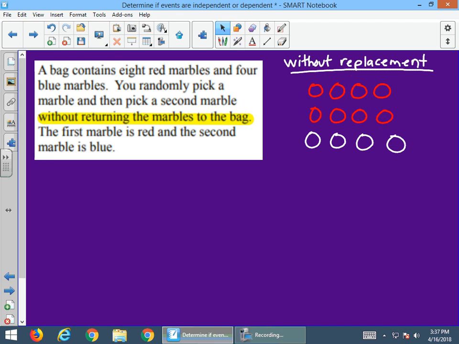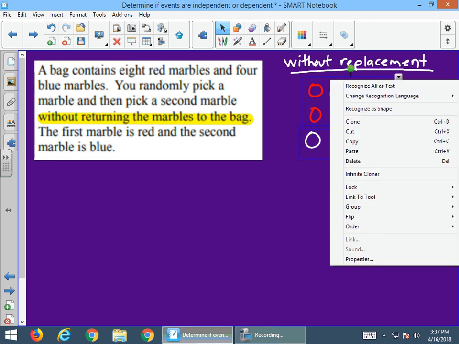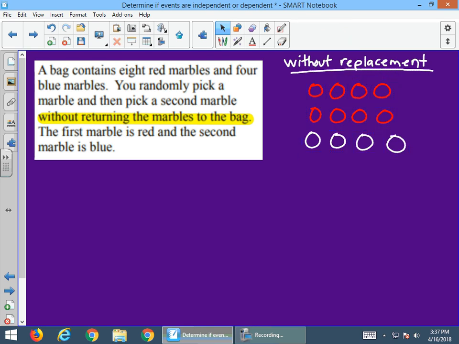So I have all these marbles. Let me ungroup these so they move independently. Perfect, now all my marbles are going to move independently. It says a bag contains 8 red marbles and 4 blue marbles. I randomly pick a marble, then pick a second marble without replacement to the bag. The first marble is red and the second marble is blue.